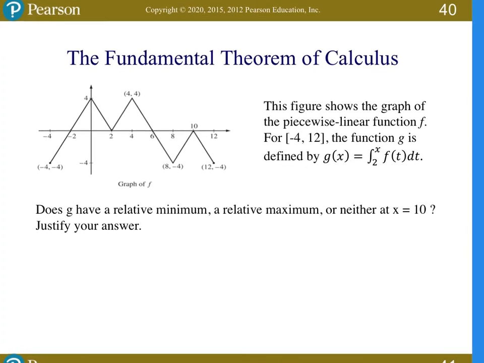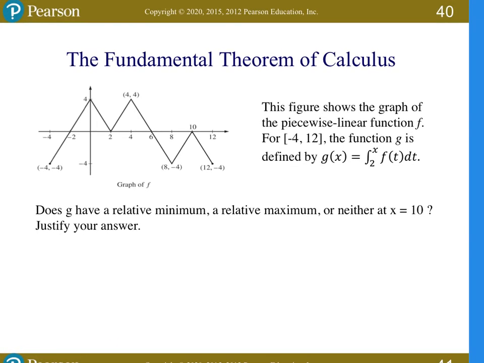Okay, what is happening at 10? Do you have a relative min, a relative max, or neither? At 10, justify your answer. All right, well, we need to know what kind of a change is happening at 10. What is G prime doing? G prime is F doing at x is 10.